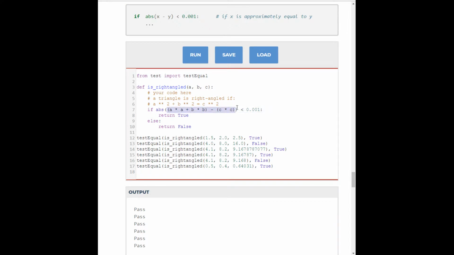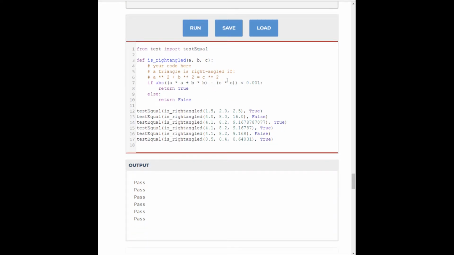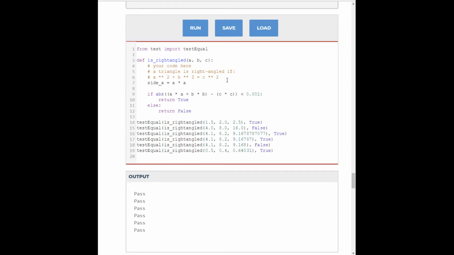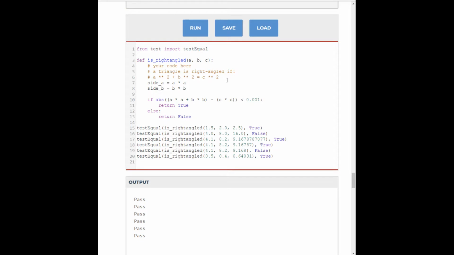There's probably a more explicit way to write this, or some easier way to do this. We could have stored, I don't know, side A as a variable, right, like this, and side B as a variable like this, side C as a variable like this. I wouldn't recommend doing this.